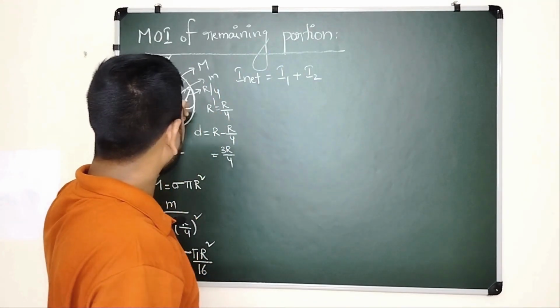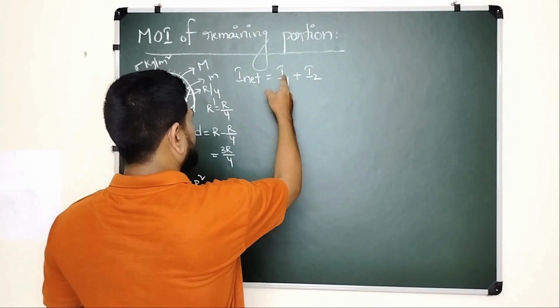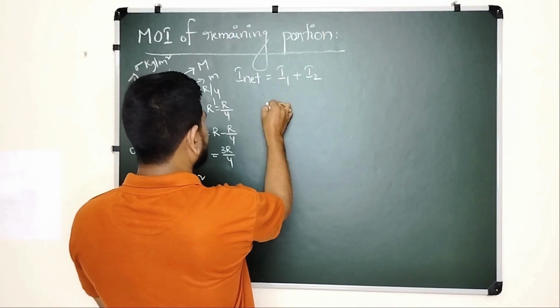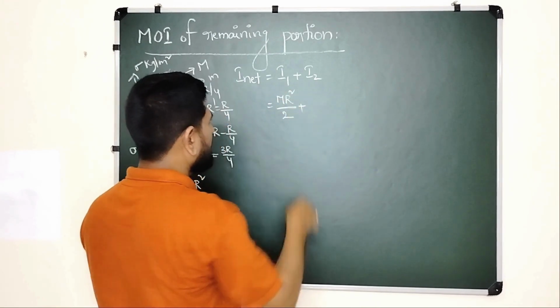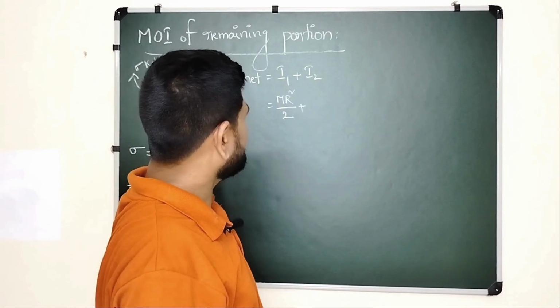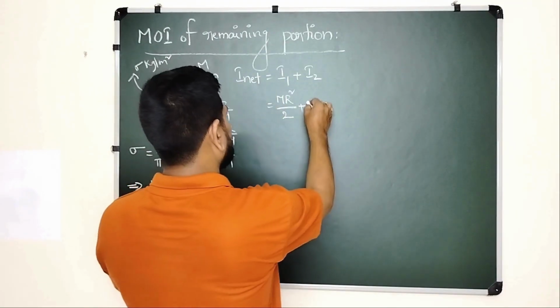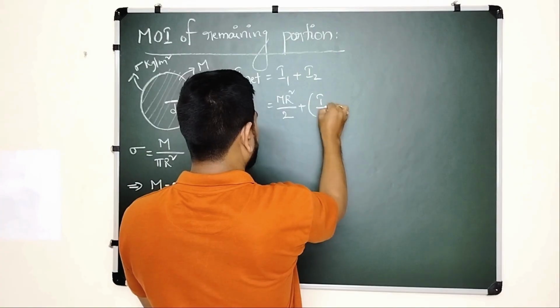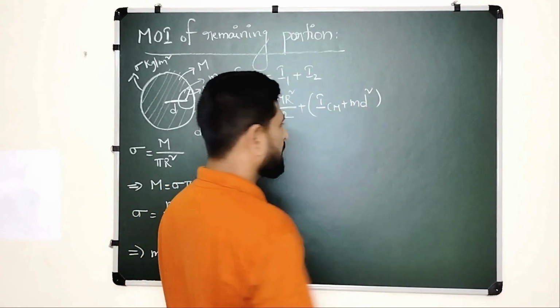I2 is the moment of inertia of the removed portion. So what is the moment of inertia of the disk? M r square by 2 plus, the moment of inertia of the removed portion, as per the parallel axis theorem, I2 is equal to I CM plus m into d square.